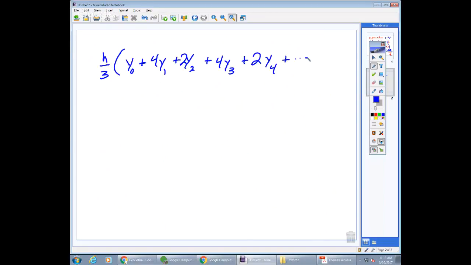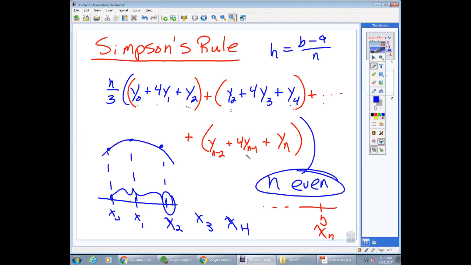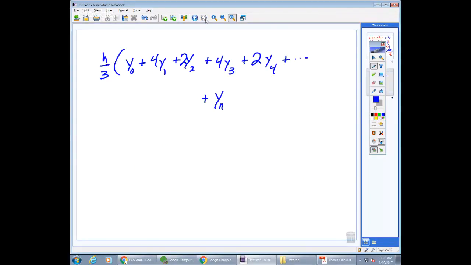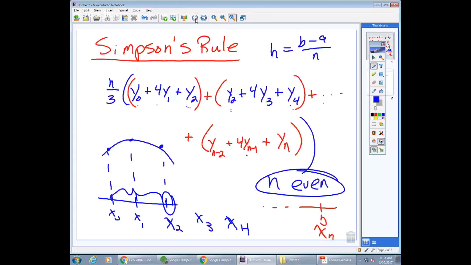At the end, the last endpoint only gets used once. So at the end, we're going to have a y sub n. Right before that, according to Simpson's rule, we had 4 times that middle one, always 4 times the middle one. So I'm going to have still that 4 times y sub n minus 1. And then if you think about it, just like the previous example, that got used twice.